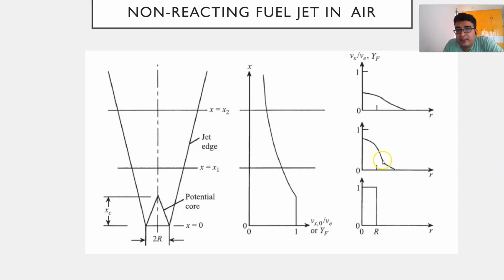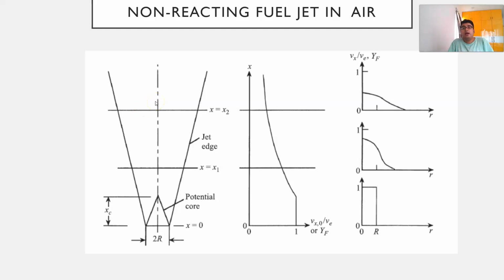You see this total radial distance up to which there is significant velocity has now expanded, and this is an example of the expanding effect of the jet. If you go further, the same process happens: further decrease in velocity and further broadening. It starts from an extremely steep square shaped profile, and then it begins to drop in altitude and broadens out as you move further and further downstream.